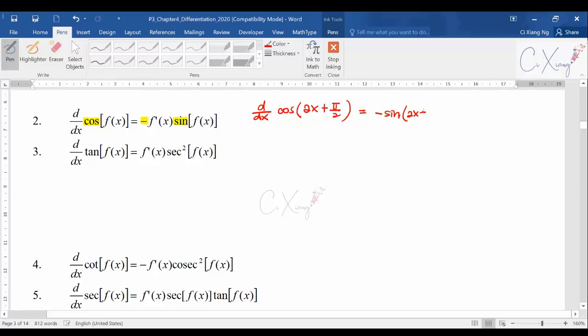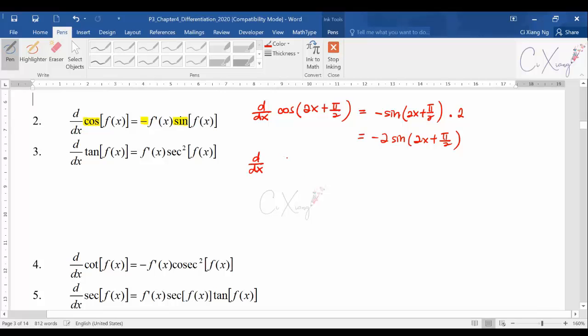Then you copy back the angle first. After that, you multiply with the differentiation of the angle. Differentiate 2x, you get 2. Differentiate pi over 2, a constant, you get 0. So you multiply with the 2. Eventually, you will get negative 2 sine of 2x plus pi over 2. I hope that you can see this.